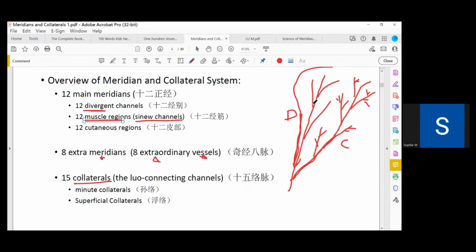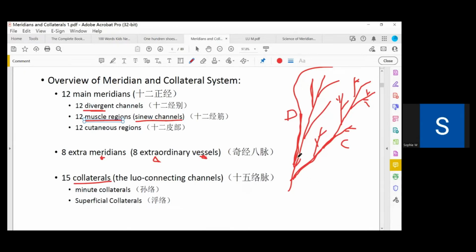So the other branches are not special. We don't give them any special names. For these two, we give them a special name. These special ones, we call divergent. This special one, we call collateral.